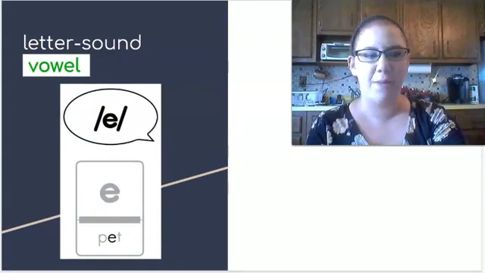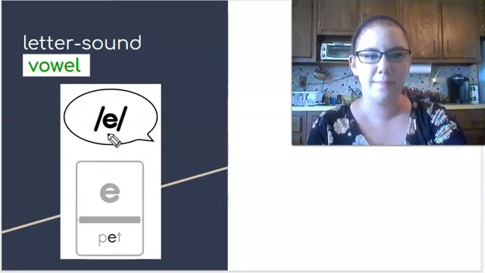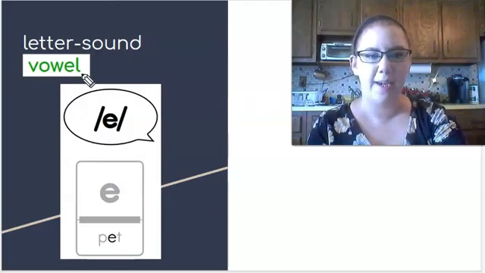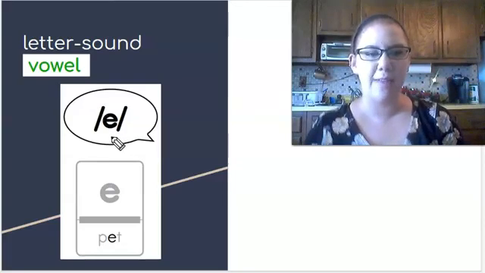The next sound we have is a vowel. What is this vowel sound? This sound is eh. And we know it's a vowel because it's written in green up here. Remember, when you say vowel sounds, you're letting the air go.